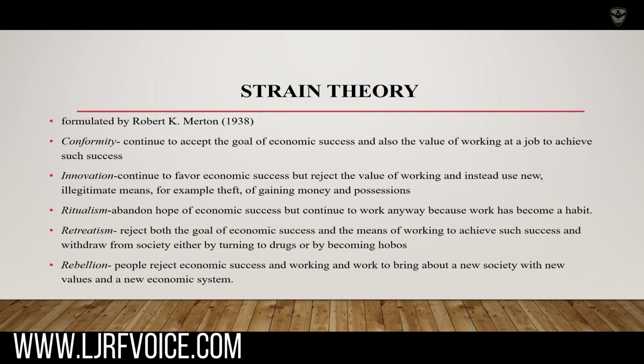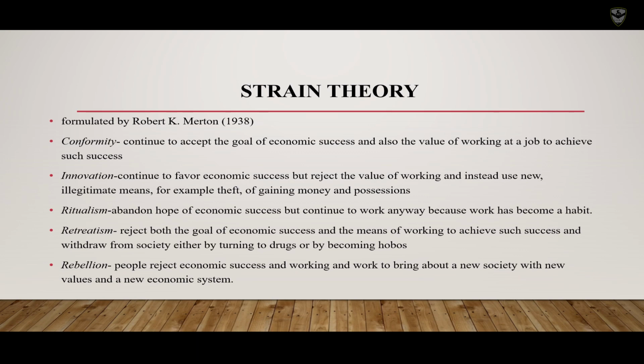The next is retreatism. Retreatists have abandoned both the cultural goal as well as the conventional means to achieve it. Merton basically describes these people as psychotics, or tramps, or chronic drug addicts, or drunkards who have withdrawn from the society.